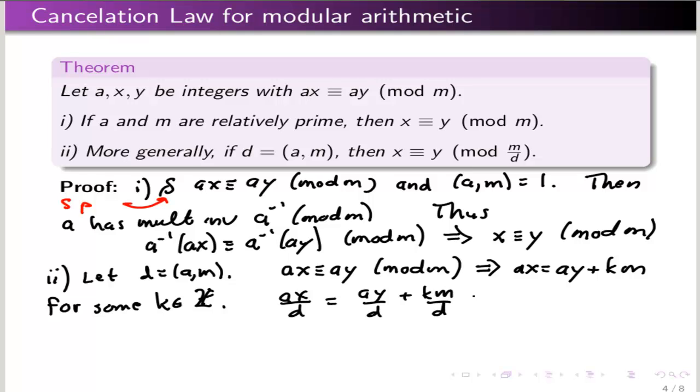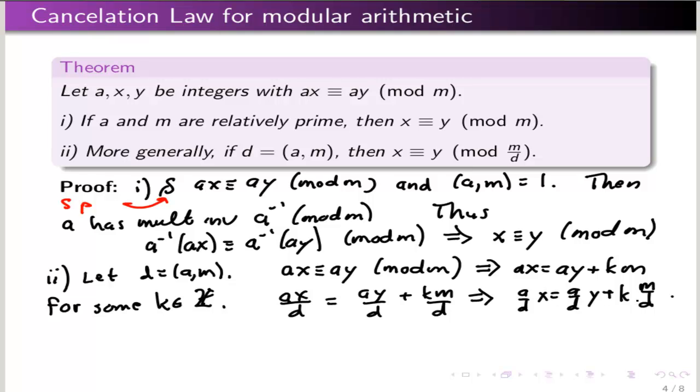And think of this as an equation: a over d times x is a over d times y plus k times m over d. Remember, d is a divisor of a and m, so although I've written them as fractions, these are really integers.